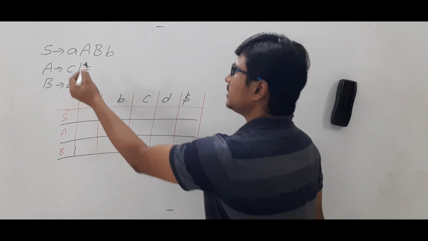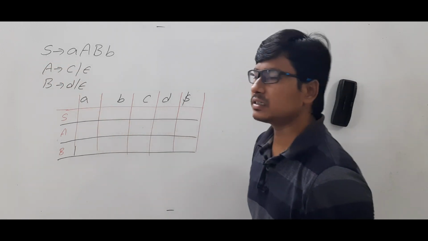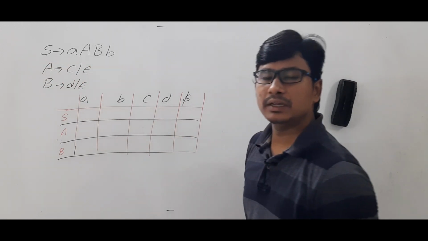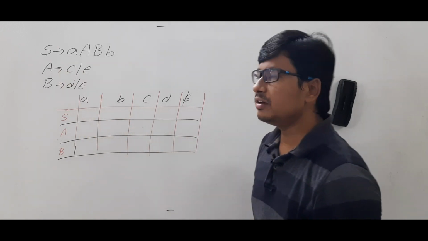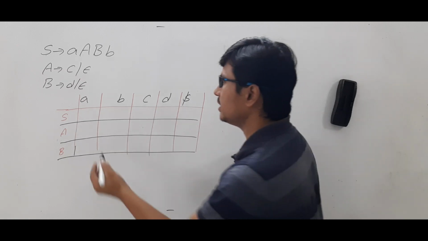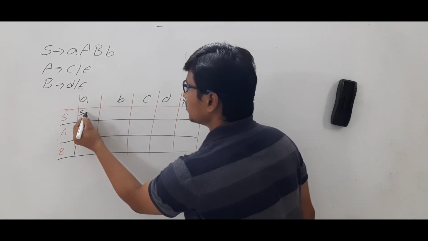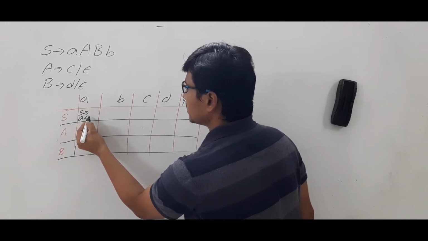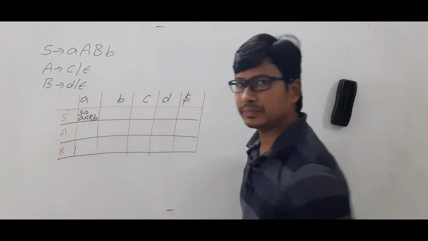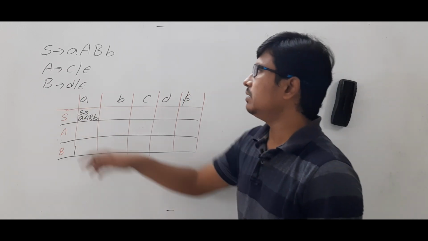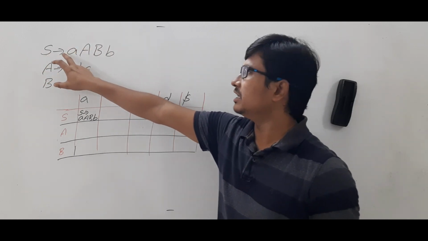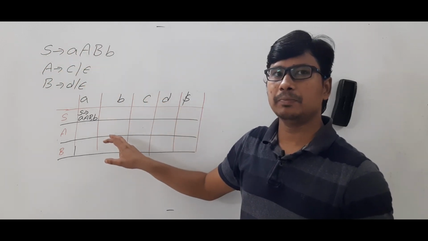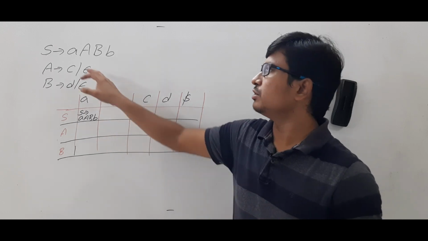So how will it be? S determines A, B, B. Where should I keep this production? I need to compute the first of A. First of A is a only. So here I need to keep the production S determines A, B, B. Is it clear? Are you able to understand? Because this production is in the form of A determines alpha, it can be kept in the terminals of first of alpha.